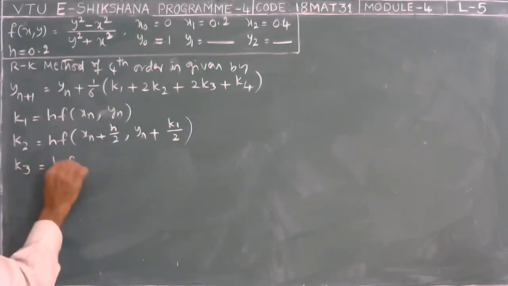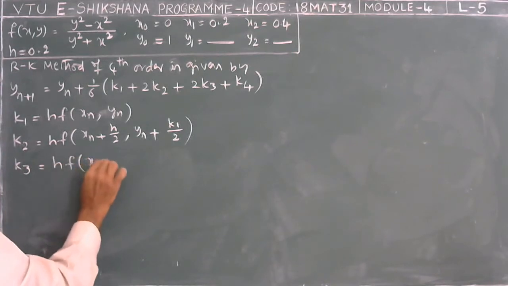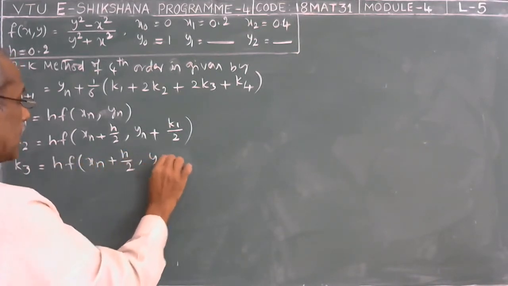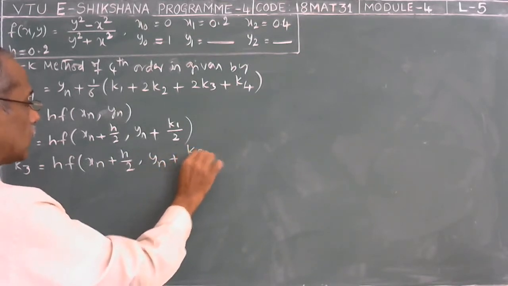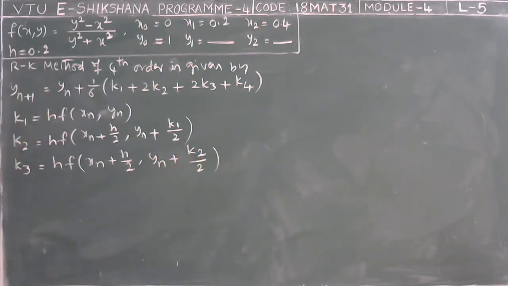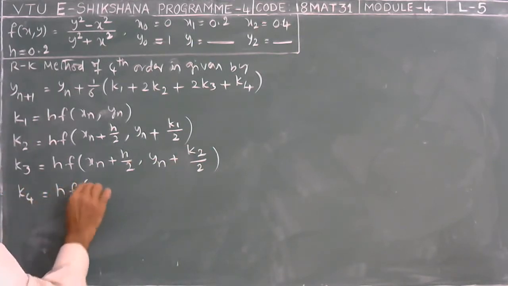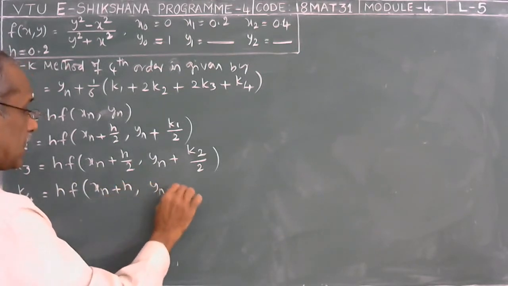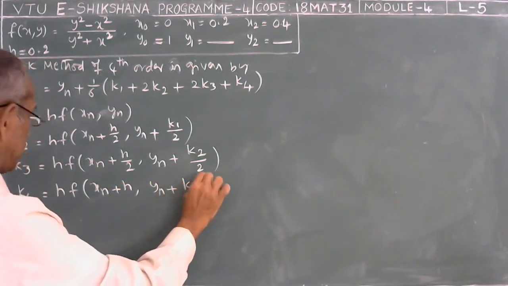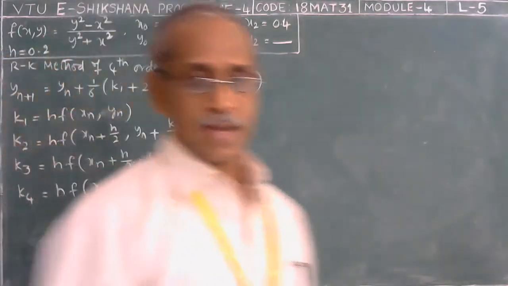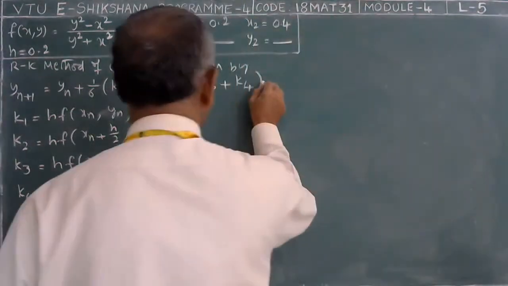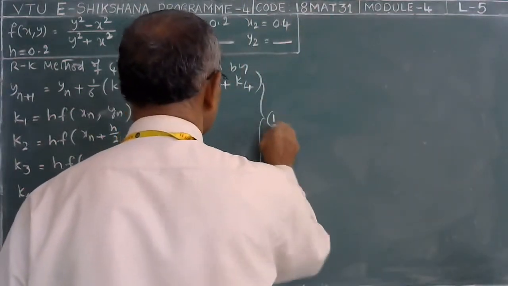K3 is h into f of xn plus h divided by 2 comma yn plus k2 divided by 2. K4 is h into f of xn plus h comma yn plus k3. Let me call this equation 1.